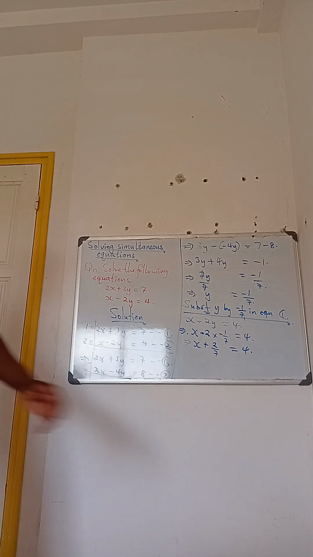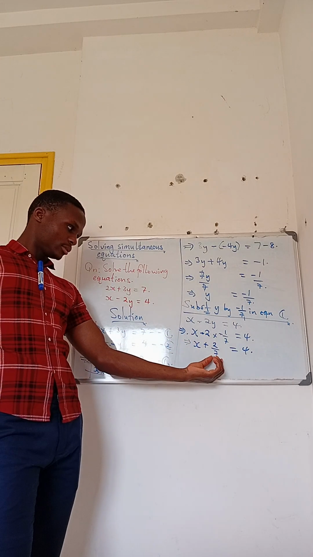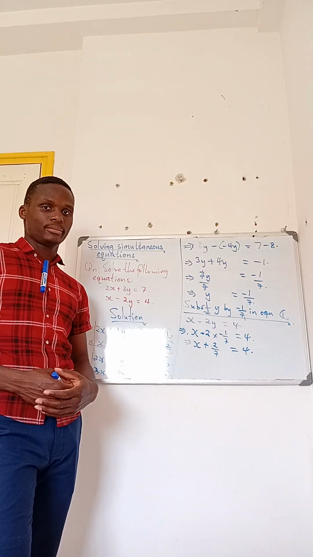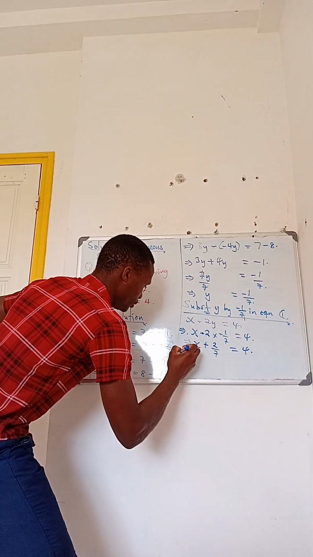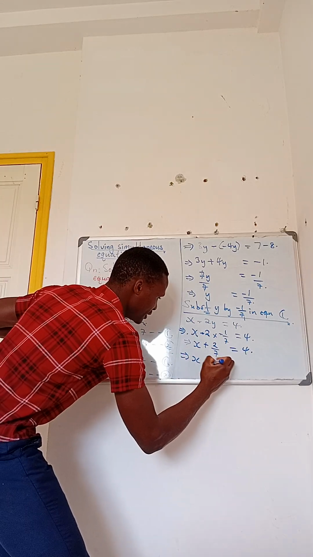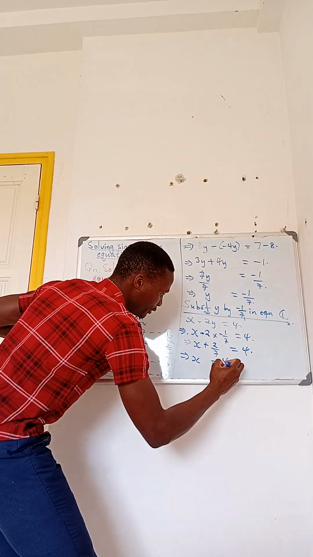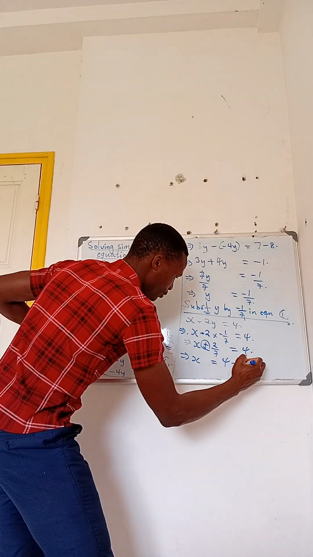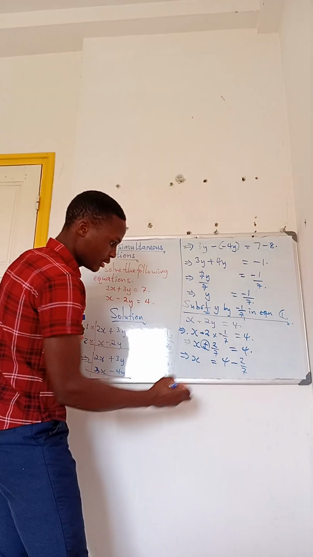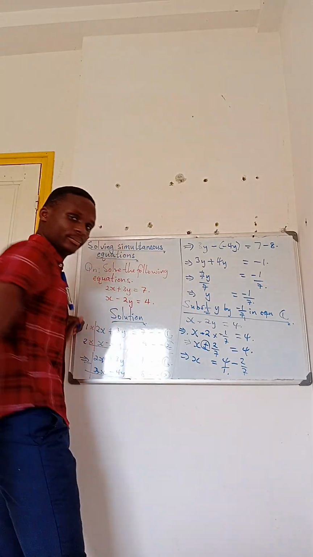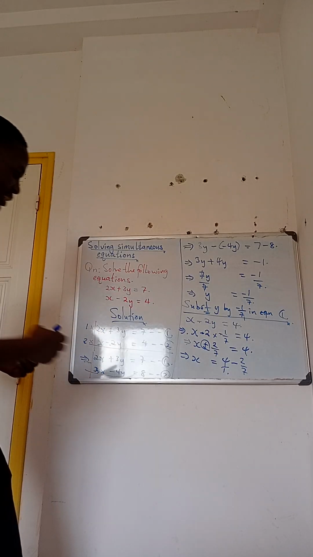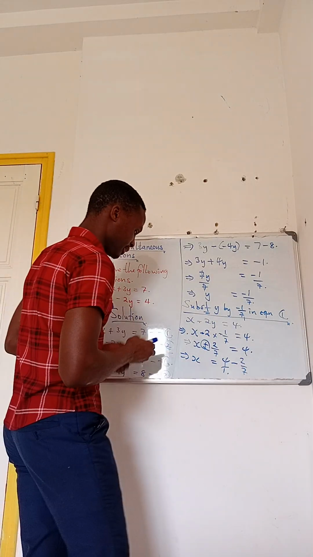So that's it now. Then we collect this plus 2 over 7 to the right hand side. So x is equal to, we have 4 here, right, 4. Then it's plus, so here it will be negative 2 over 7. This 4 is over 1 because it's a whole number. So after that, we can simplify these fractions.